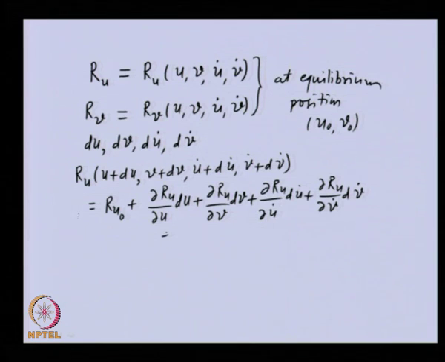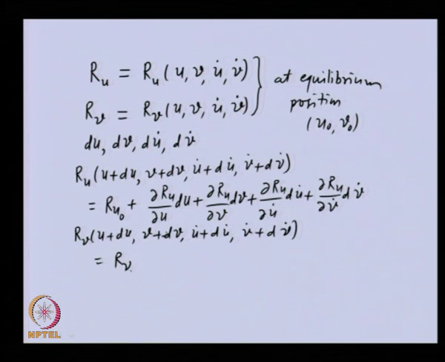I am again repeating this. Similar variation will be there in the v direction force, and velocity components. So this will be equal to the force in the vertical direction at equilibrium and variations.